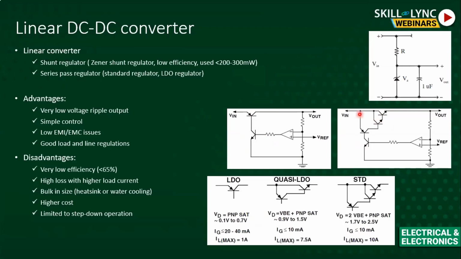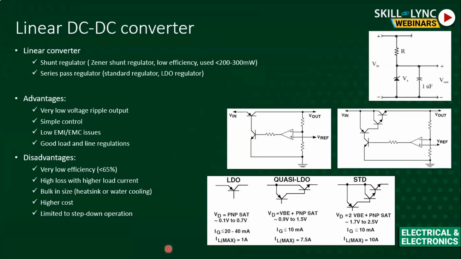But the voltage drop across it is much higher, around 2.5 volt at maximum. So the designer needs to select based on the application. For example, if you have a battery based power supply where the battery is a 4.4 volt lithium cell, and I need a stable 3.3 volt output, I need an LDO because we can allow only 0.7 volt maximum voltage drop.